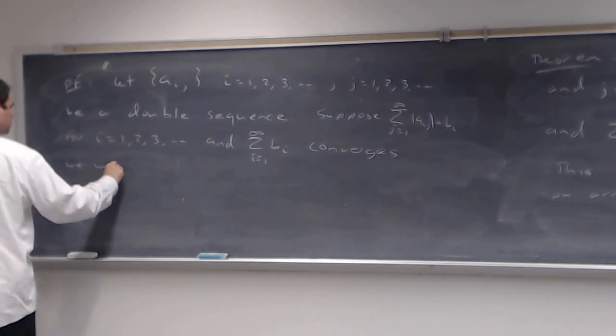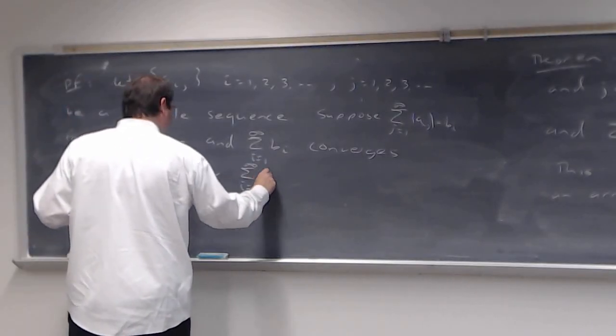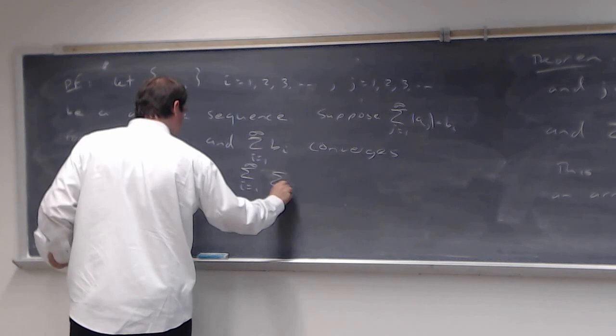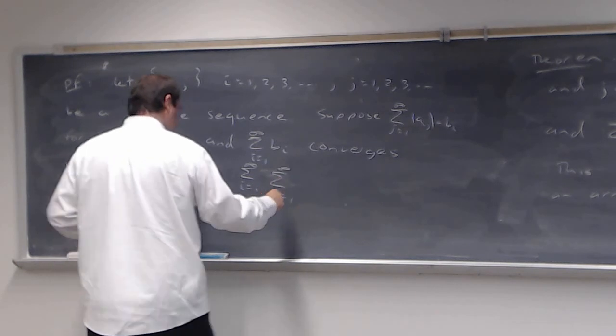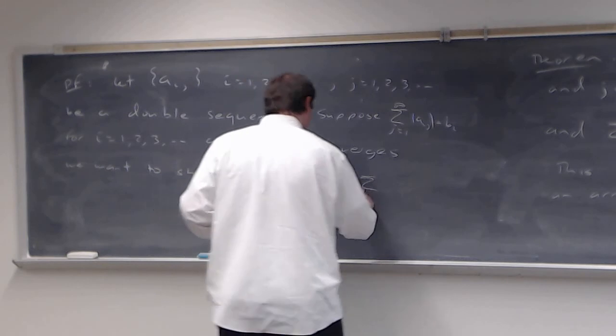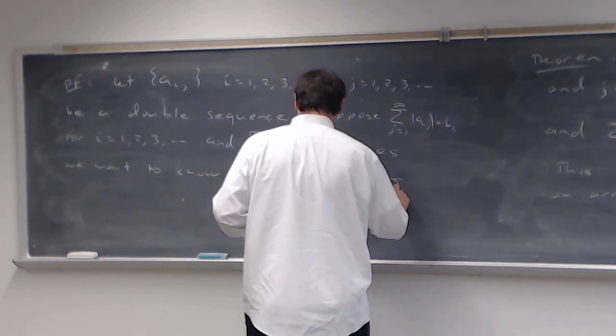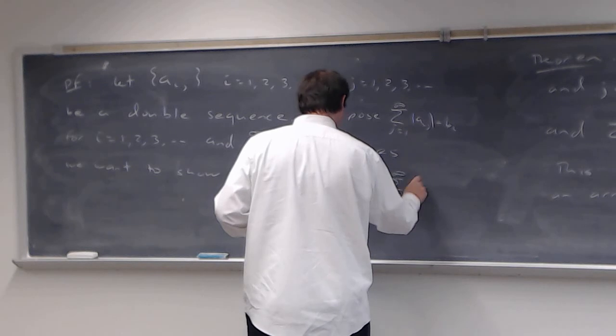We want to show that the sum as i runs from 1 to infinity of the sum as j runs from 1 to infinity of the a sub ij is equal to the sum as j runs from 1 to infinity of the sum as i runs from 1 to infinity of the a sub ij's.